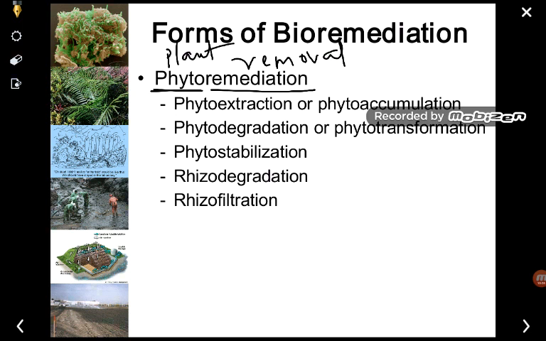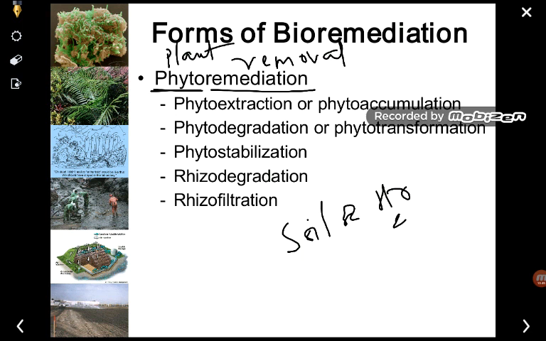Phytoremediation is the use of plants, which naturally have the ability to degrade or remove toxic chemicals and pollutants from the soil or the water. By growing or using the plants, we are degrading the toxic chemicals or pollutants present in the soil or the water.